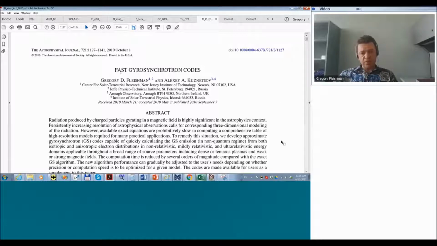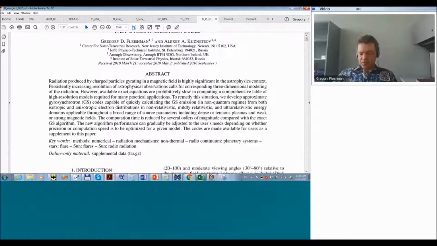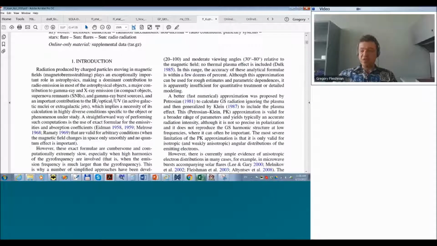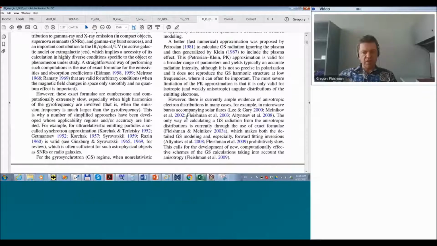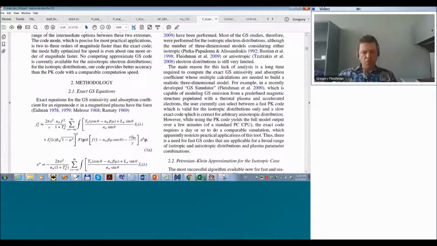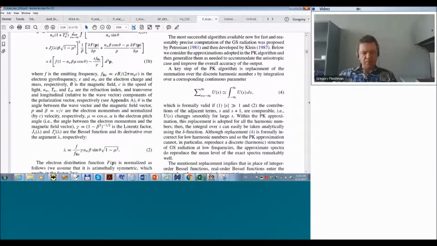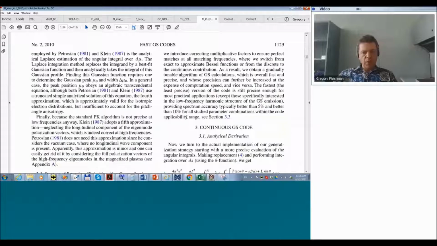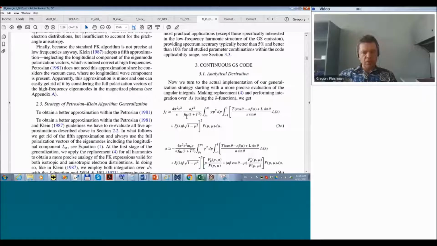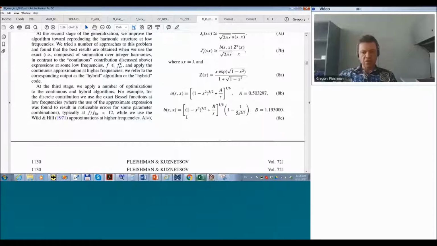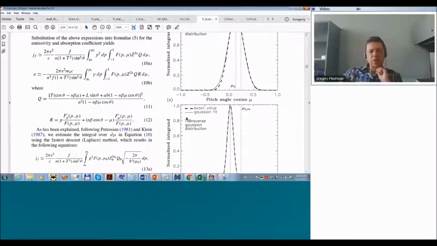This paper is about fast Gyrosynchrotron codes, and Alice and Jason have completed most of the coding within this algorithm, without one important thing, from which I will start actually.